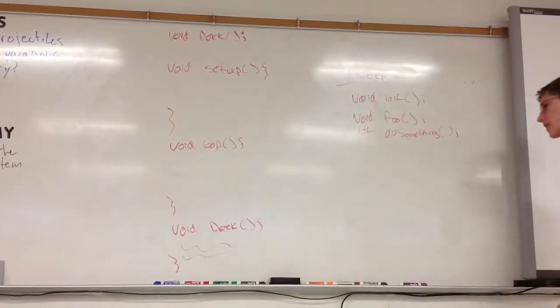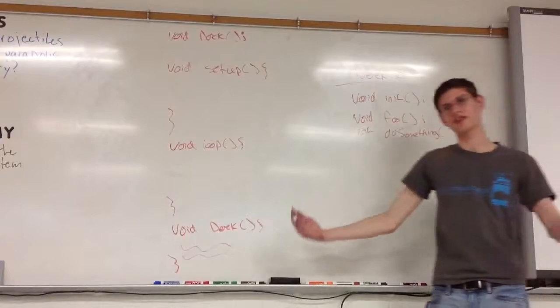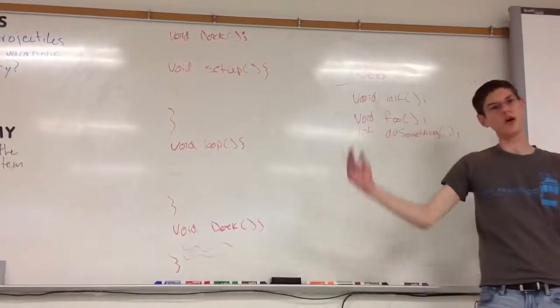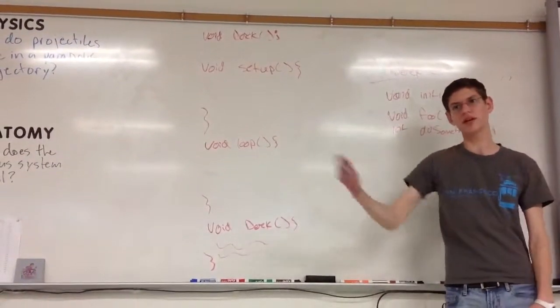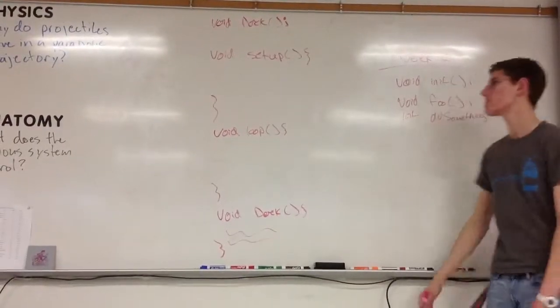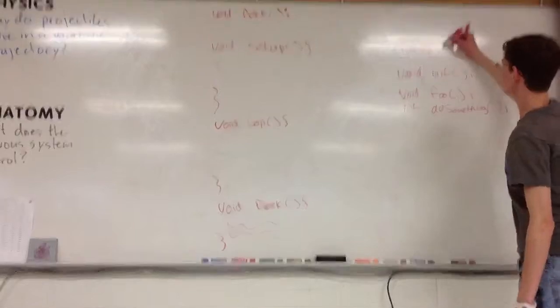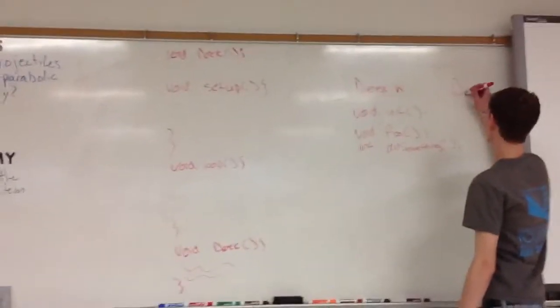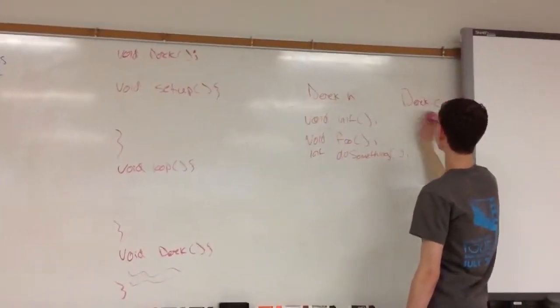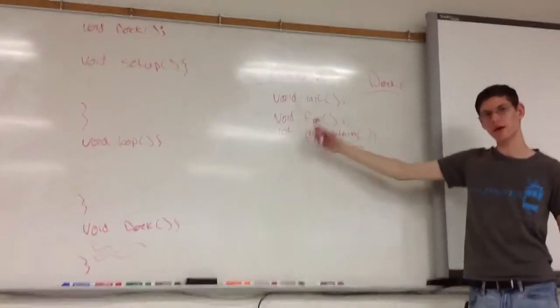All right. So anyways, let's say you're working on a really big software project, and rather than having all of your code in one file, you want to separate it among different files. What you do is you create a Derek.h file, and then a Derek.c file. Inside the H file, I put all my prototypes.